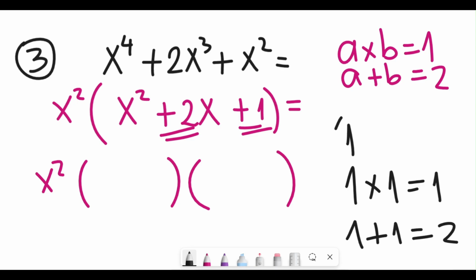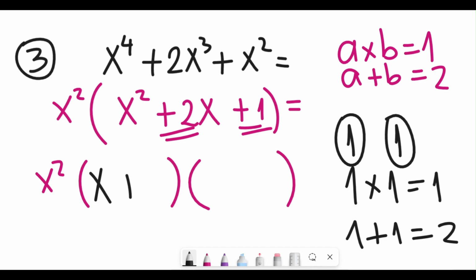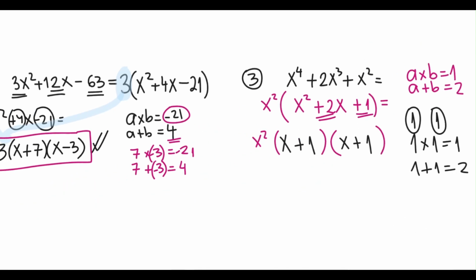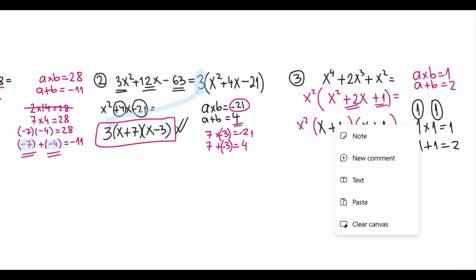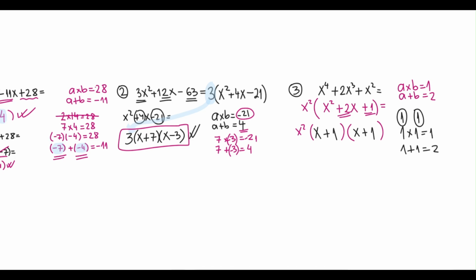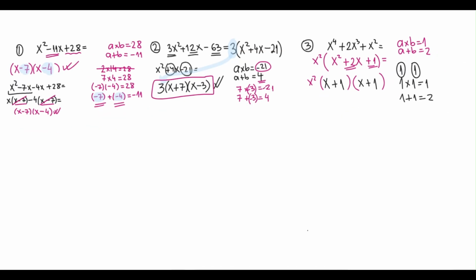Excellent. So our numbers are 1 and 1. So we say (x + 1)(x + 1). With that, we can say that the lesson is over and we have completed successfully the three questions from the beginning of this revision.